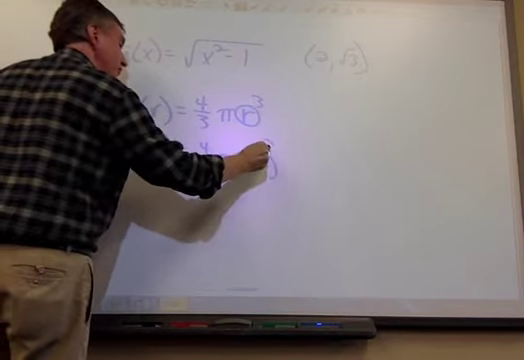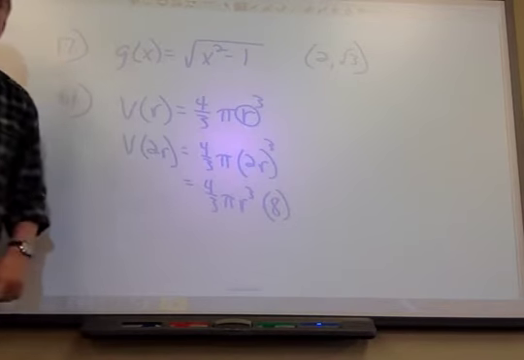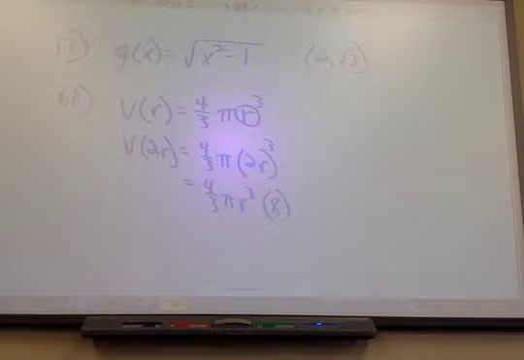The volume would be multiplied by 8 if you double the radius, because of that 2 cubed that's added in there. So it would be 8 times the original. Any other concerns? Those are good. Very good.